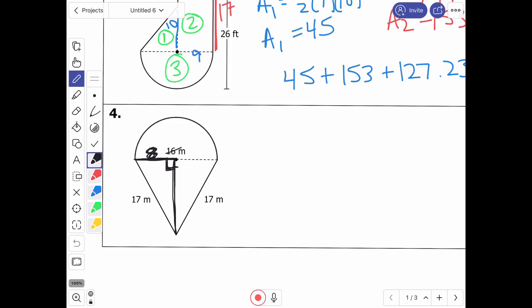There's a side length that's 8. Here's a side length that's 17. You're going to have to figure out what that is. Whatever your x is, that's your height in this triangle. Your base would be this 16, or you could use 8 and then multiply by 2.